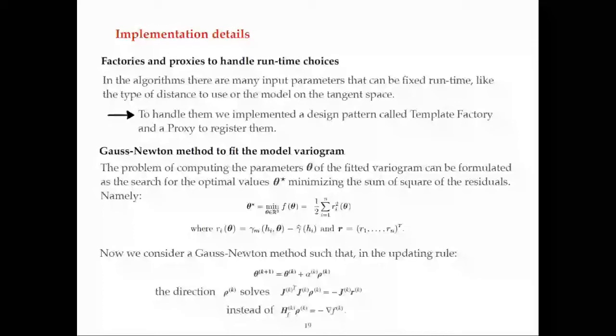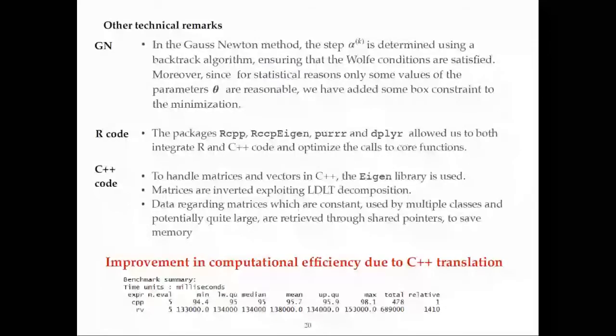Now, some other juicy technical remarks, like the fact that to handle matrices and vectors in C++, we use the Eigen library, while to save memory, we widely took advantage of shared pointers. These tricks, along with many others, allowed us to improve the efficiency of our first entirely R-written algorithm by a factor of 1400, as shown in the figure.